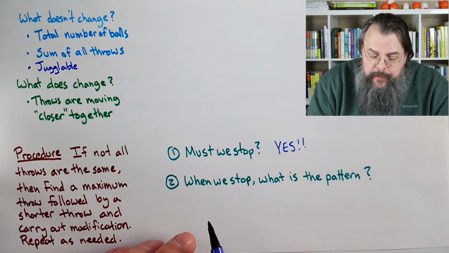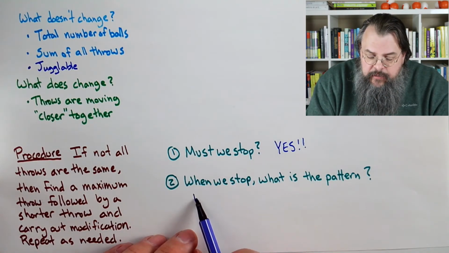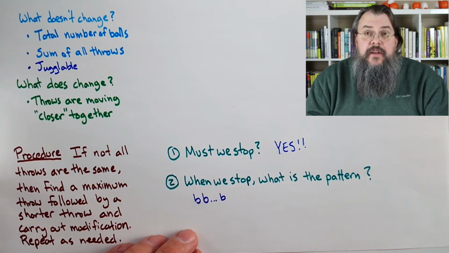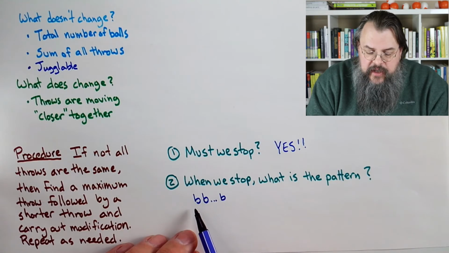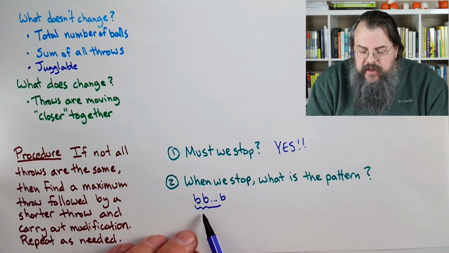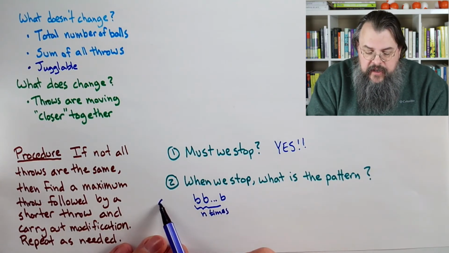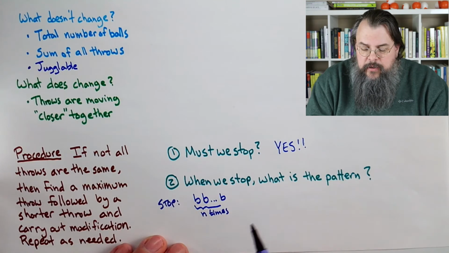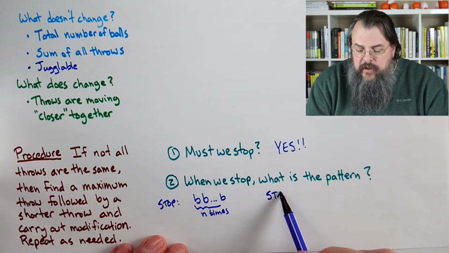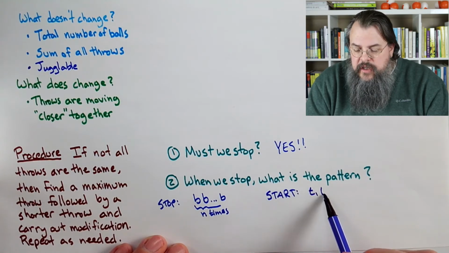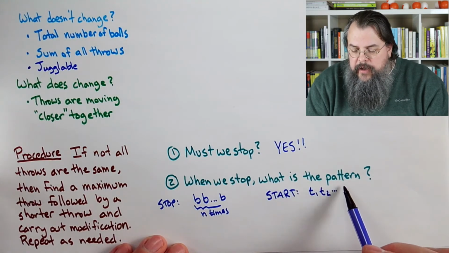So when we stop, the pattern must be B, B, B, B, B, B, B, a total of n times. Now, you might ask, where did we start? Well, we started where we had T1, T2, all the way out to Tn.